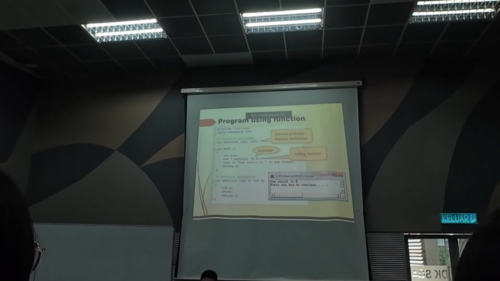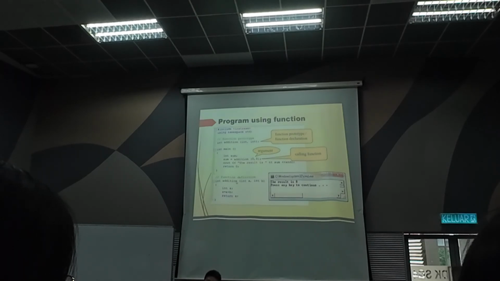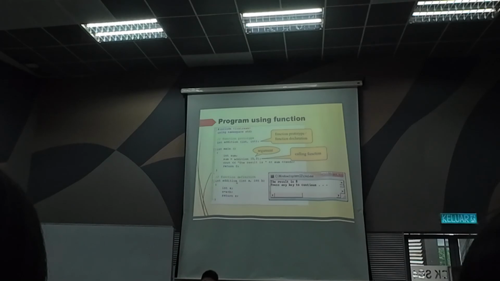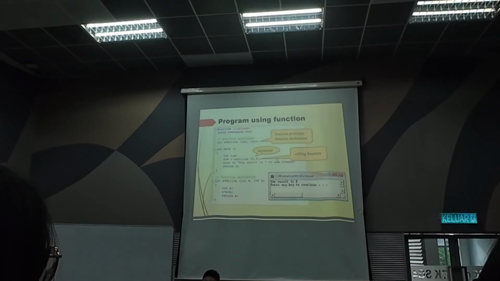Okay, so this is the example. We have the function prototype, main, the function call, and the function definition. So always remember, in user-defined functions, there are three things here: function prototype or declaration, function call, and the function definition. Okay.